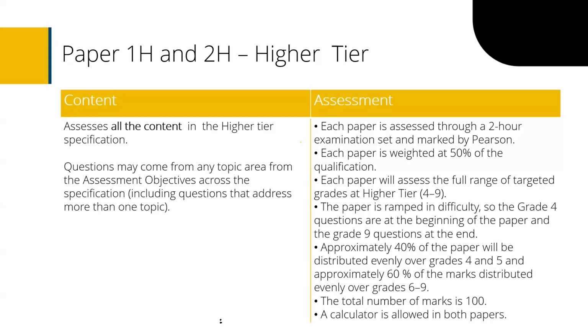These are the common questions with the foundation tier. 60% of the paper is divided equally among the remaining grades, 6, 7, 8, and 9. Again, it's ramped up in difficulty, so the grade 4 questions are at the beginning and grade 9 at the end. And of course, calculators are allowed in both papers.